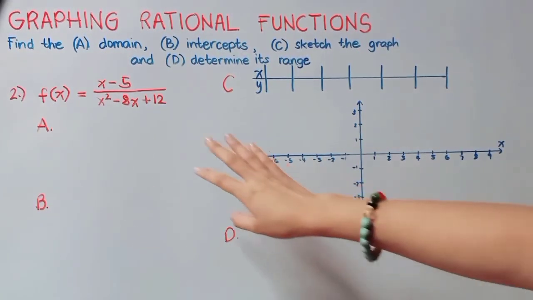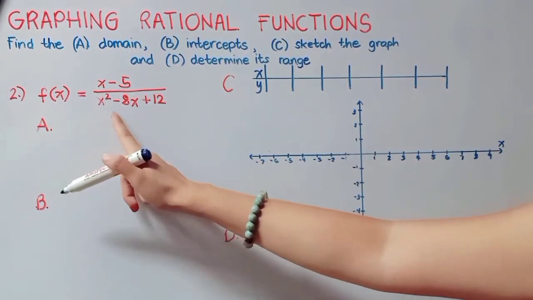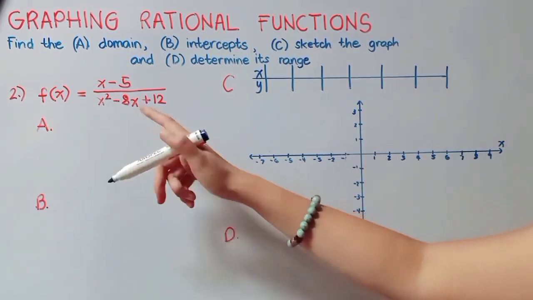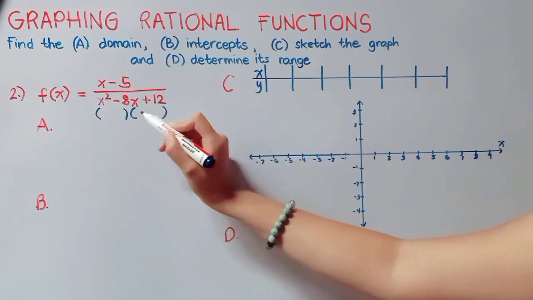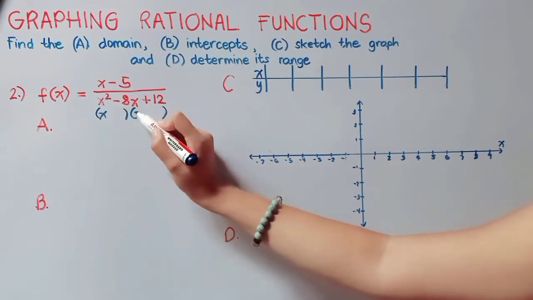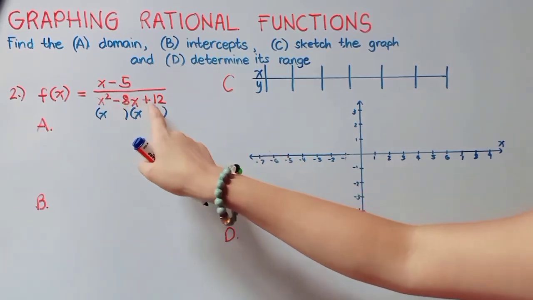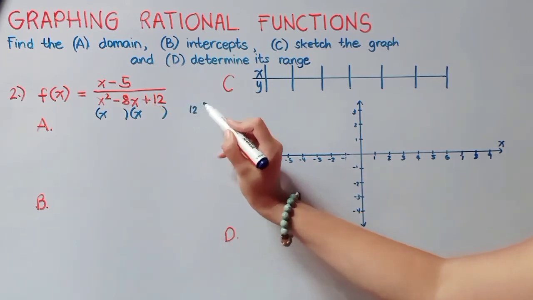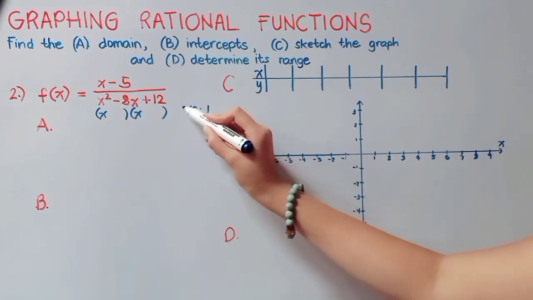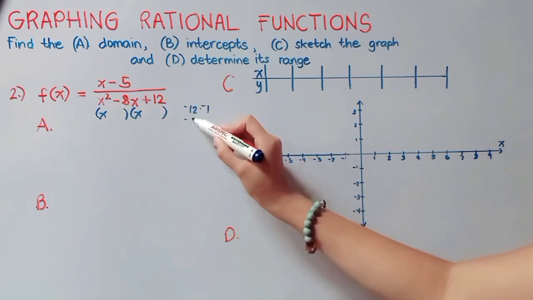We are now on number 2. f(x) is equal to x minus 5 all over x squared minus 8x plus 12. Let us first factor this before we proceed with the graphing. x squared is x times x, and the factors of 12, 12 times 1, will both be negative since we are looking for a negative middle term.